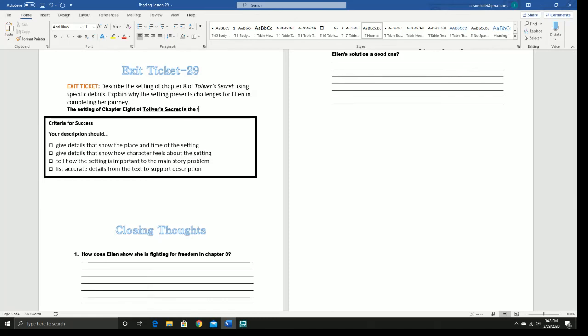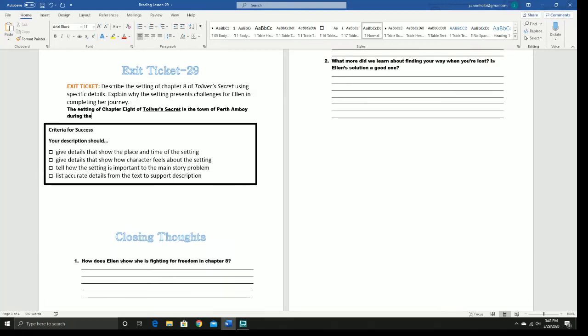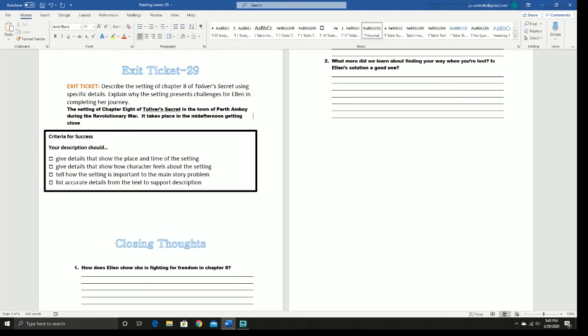Is the town of Perth Amboy during the Revolutionary War. It takes place in the mid-afternoon, getting closer to nighttime.